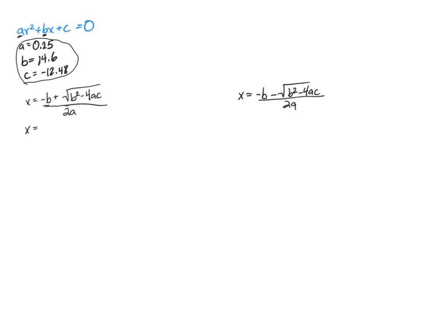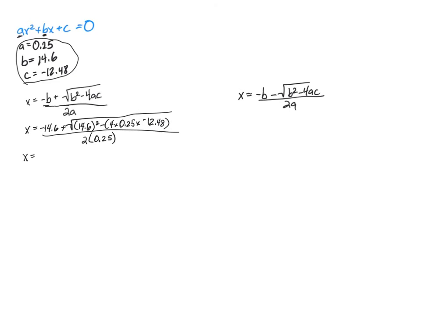X is equal to negative 14.6 plus the square root of 14.6 squared minus 4 times 0.25 times negative 12.48, all divided by 2 times 0.25.